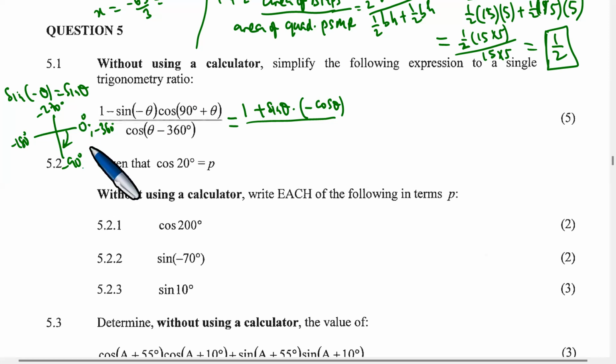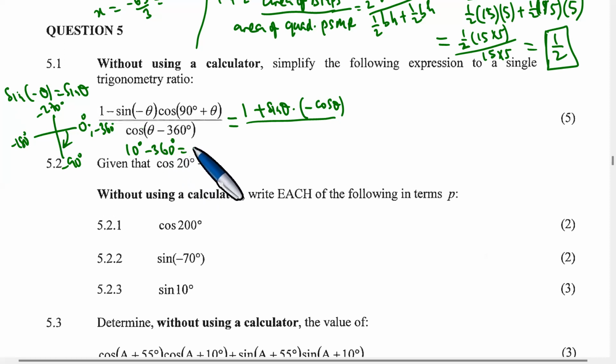So 0, minus 90, minus 180, minus 270, minus 360. If you take theta to be very small, like 10 degrees, what would 10 degrees minus 360 degrees become?